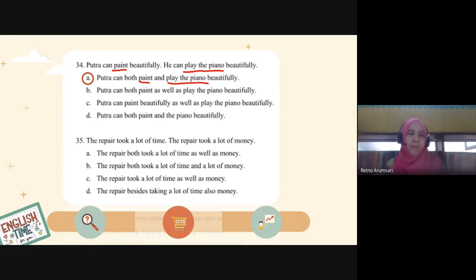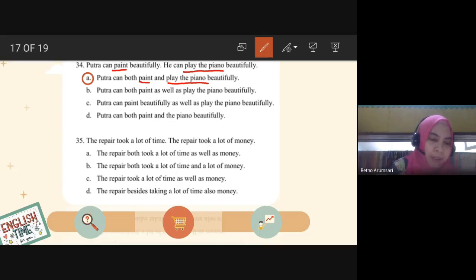Miss. Alisa, can you find the differences? The differences are time and money.